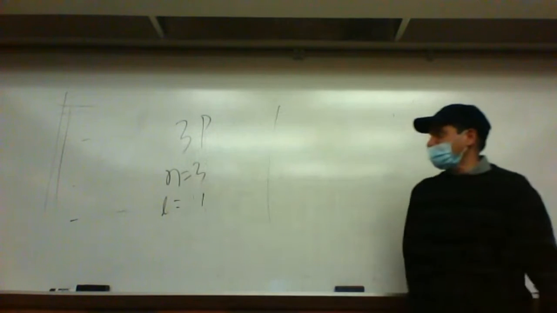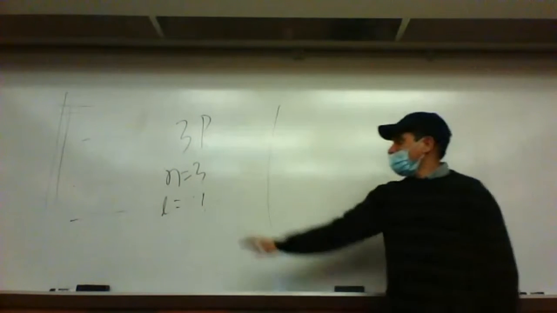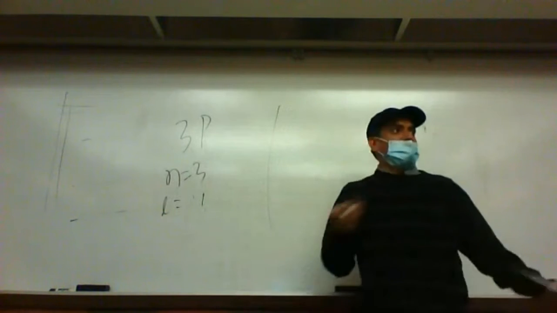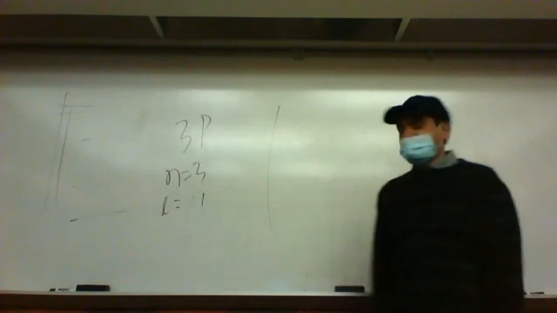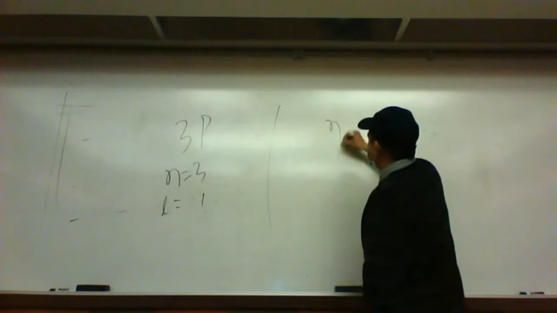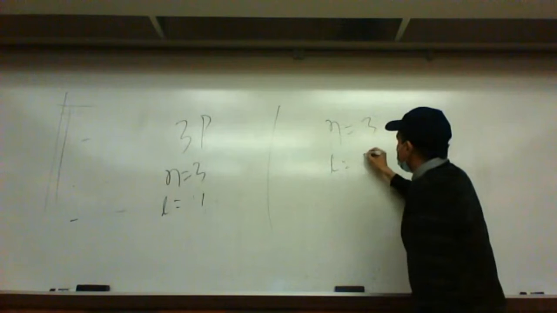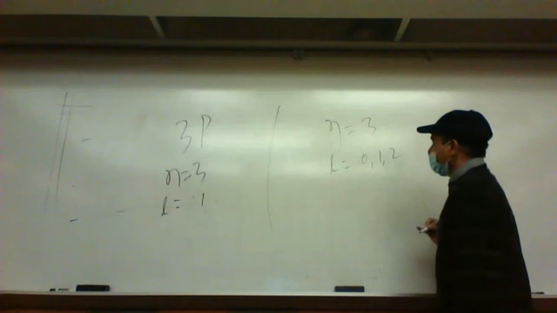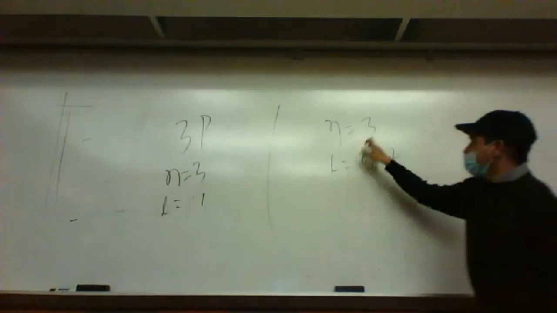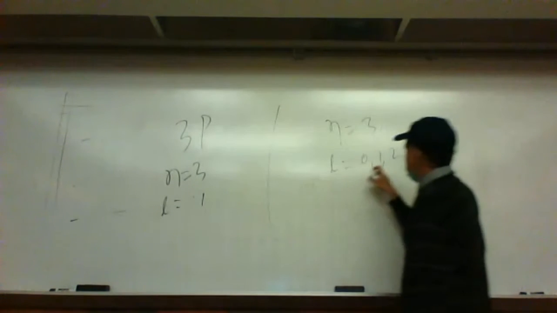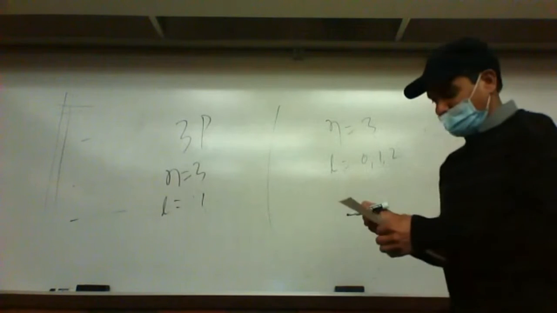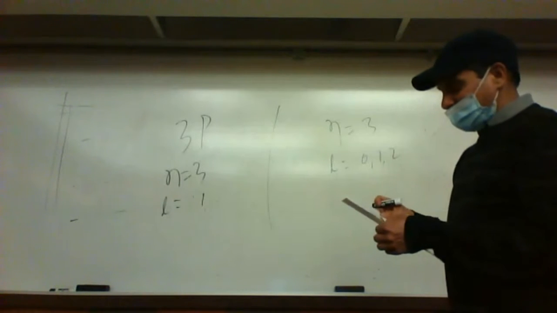So n equals 3, L equals 1. S means 0, P means 1, D means 2, and F means 3. Does it exist or not? Let's write the quantum numbers: n equals 3, L equals 0, 1, 2. I don't have to go to ML; it doesn't ask for ML right now. Do I have 3? Yes. Do I have 1? Yes. So 3p exists. Good.